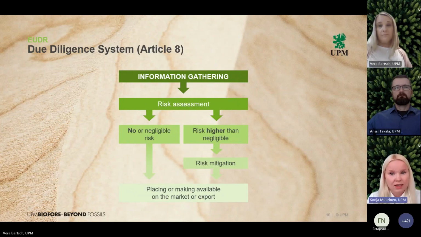And if the result indicates no risk or only negligible risk, we can proceed to place the relevant products on the market or export it. However, if the risk is higher than negligible, we need to implement risk mitigation measures. If after implementing these measures, we achieve no risk or only negligible risk, we can proceed to place the product on the market or export it.